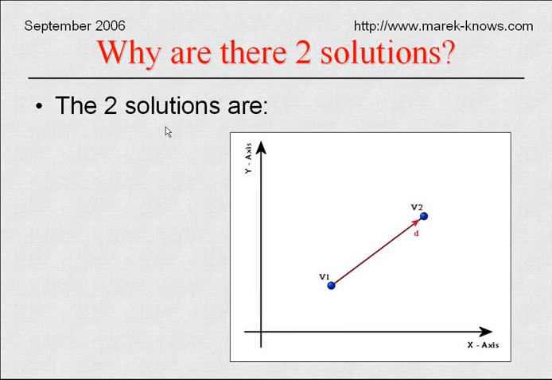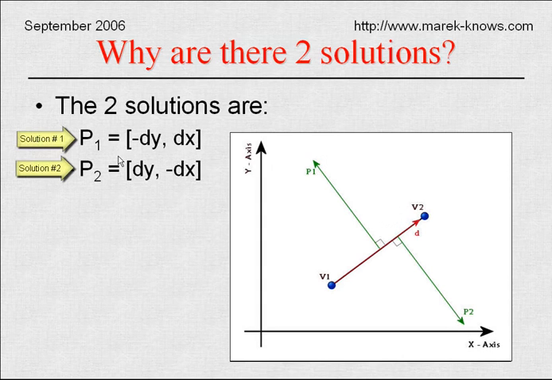Once you have the direction, you can go and find the two solutions for the perpendicular. On this graph, we have vertex 1 and a second vertex, vertex 2. We calculated the direction using the formula shown before, so the direction gives us the vector from v1 to v2. It's shown in red, and I've labeled it d. Now that we have d, we can calculate the two solutions for the perpendicular.